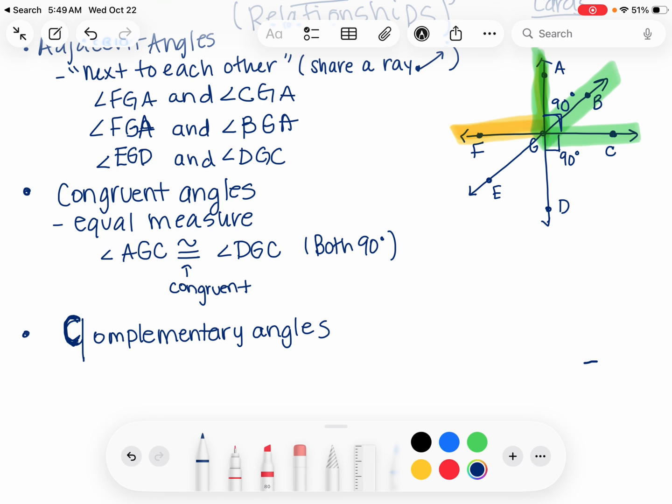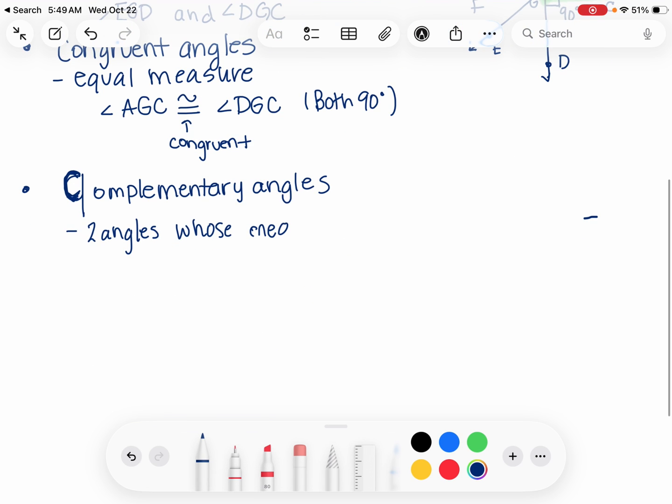Complementary angles are two angles whose measures add up to 90 degrees. This is a right angle, right? Together, they make a right angle.